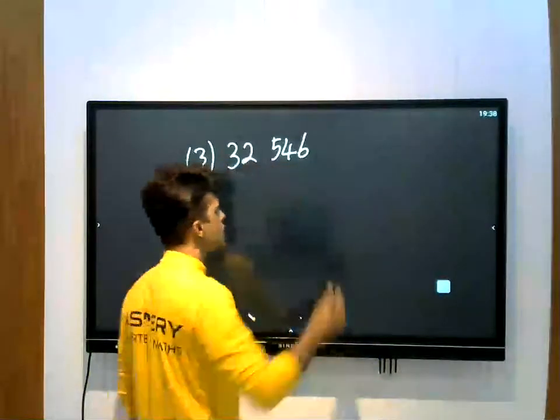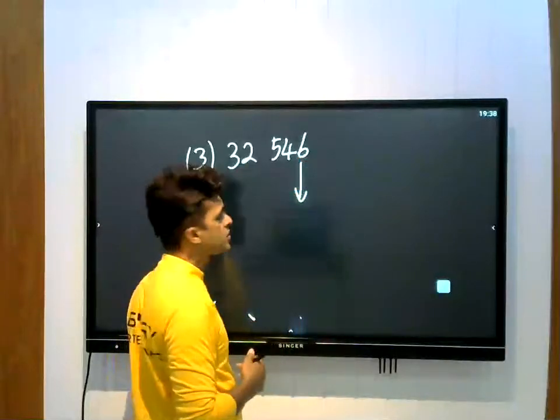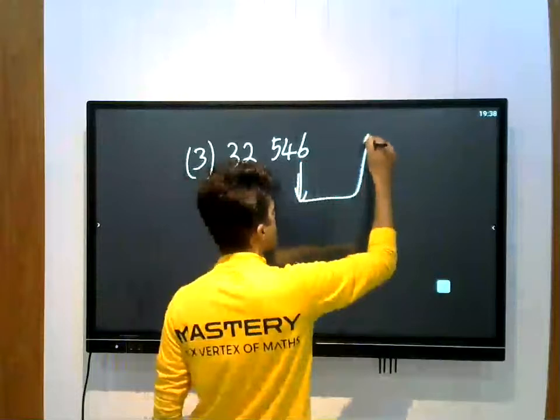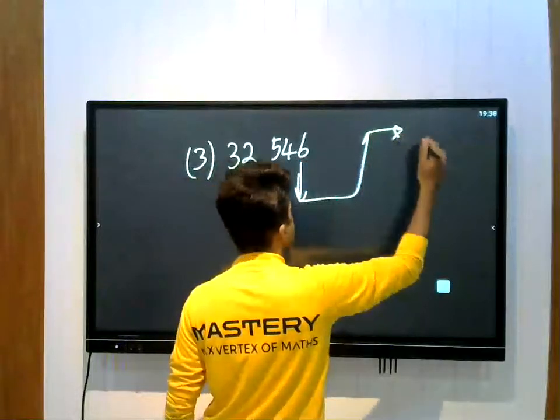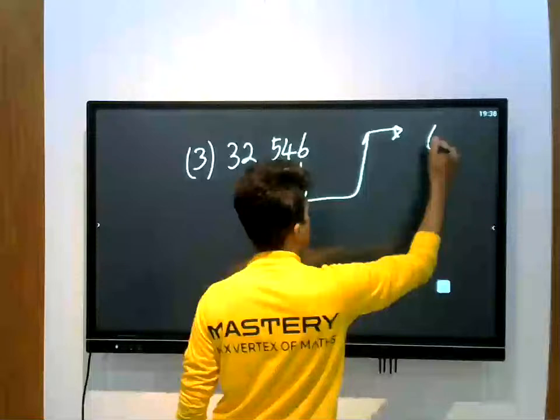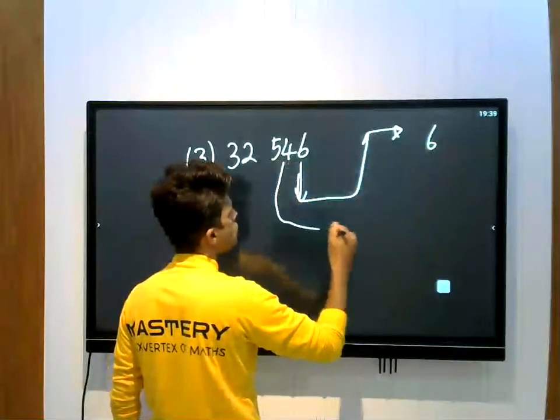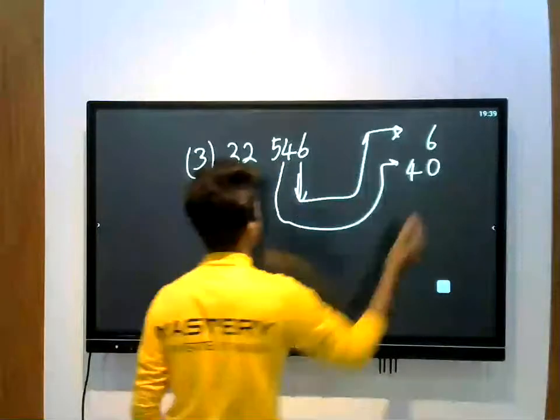When it comes to represented values, the represented value of 6 is 6. The represented value of 4 is 40.